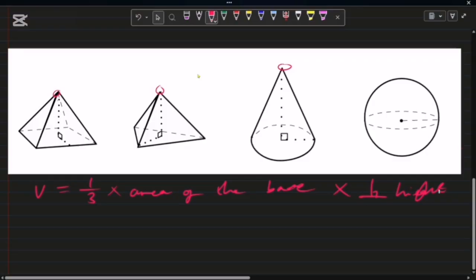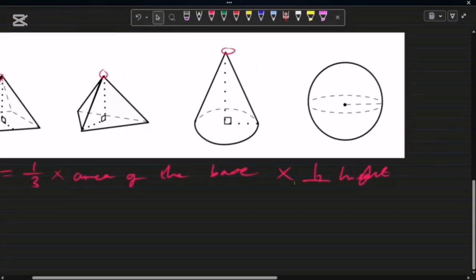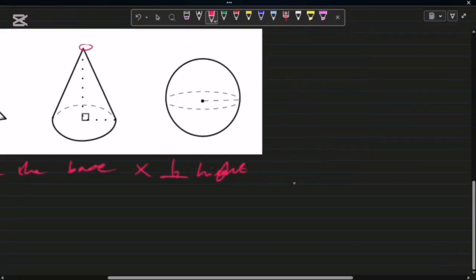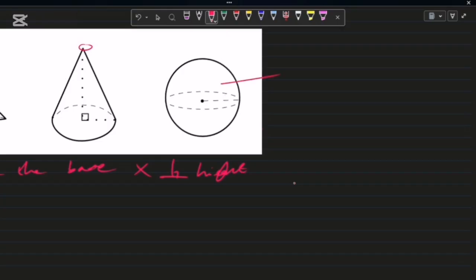All right, now let's talk about this guy, the sphere. Now for a sphere, it's a little bit different because a sphere doesn't have an apex, as we can see, so it cannot be considered a pyramid. So the volume of a sphere is 3 over 4. Is it 3 over 4? 4 over 3?